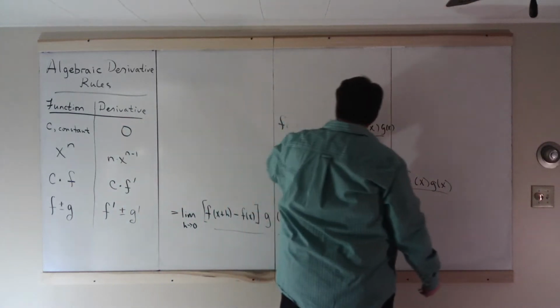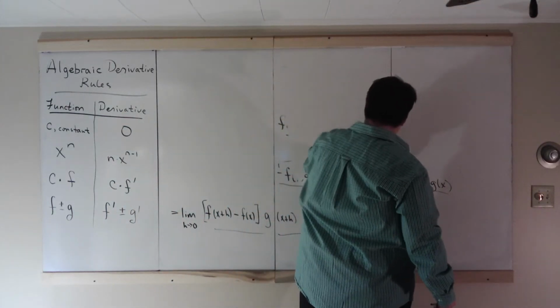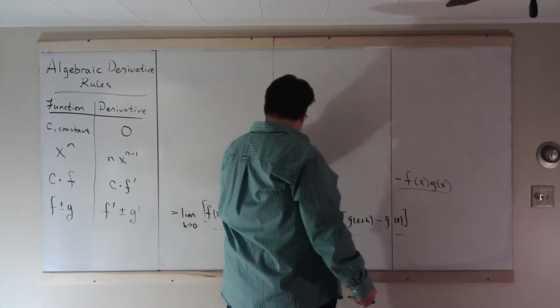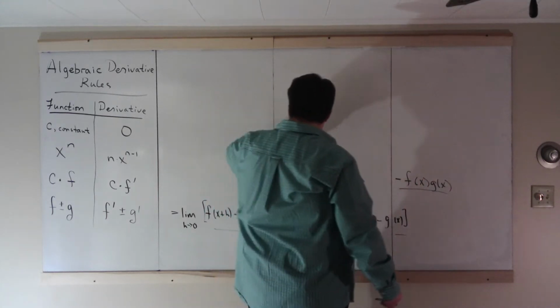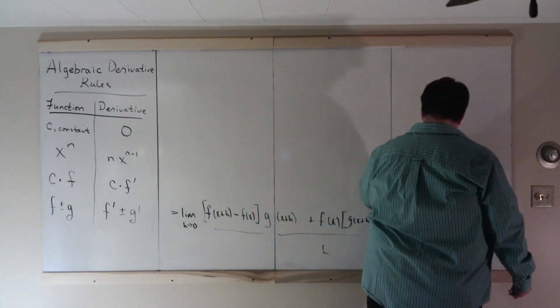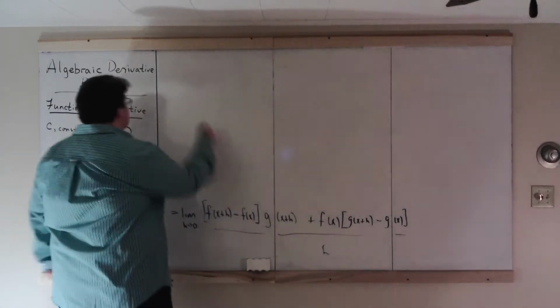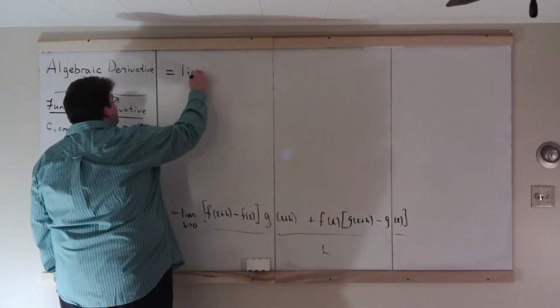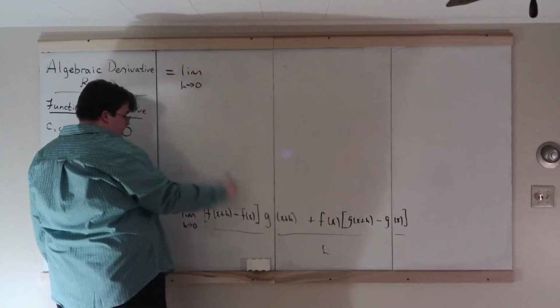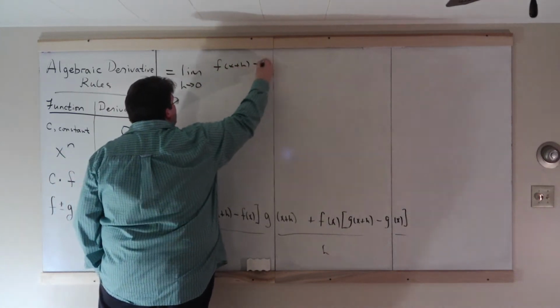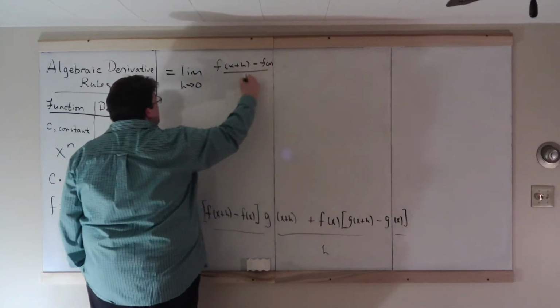But what we can next do is split this fraction, and we'll see how the result follows. What can we next do? Split the fraction. Notice we still have equals and limits. Split the fraction. F of x plus h minus f of x all over h.